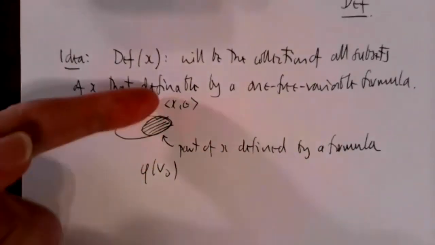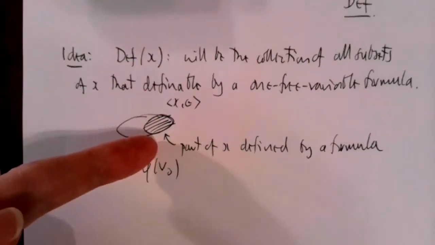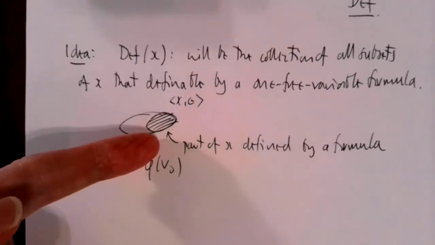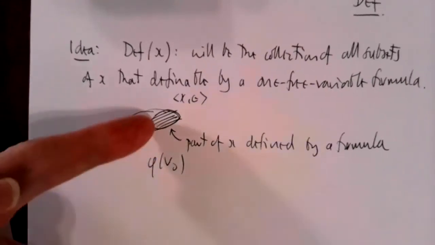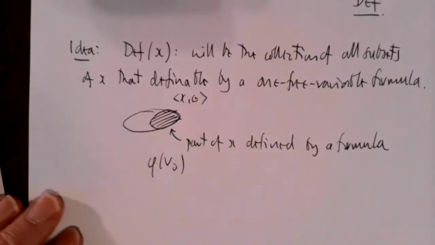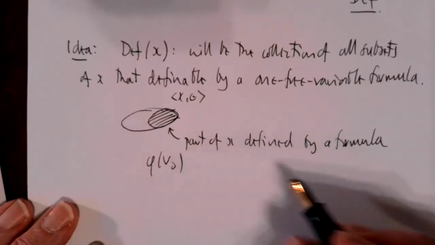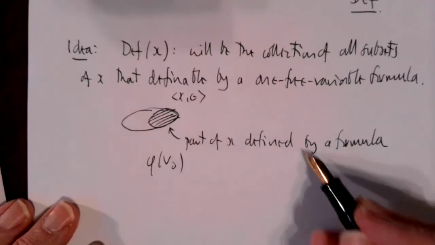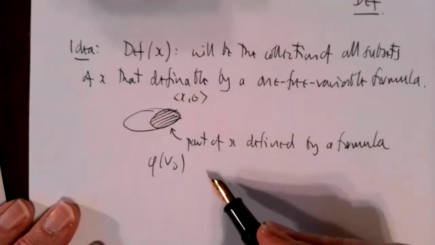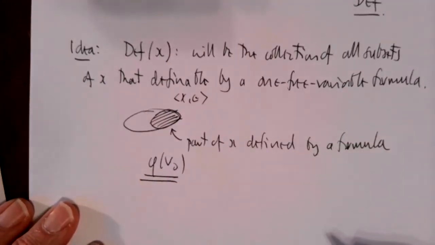For example, if X is the natural numbers, omega, I could define what the evens are. I could write out a formula that gives me which things are the evens. So we want to do this in general. So I want to think about all the subsets of X that I could define by a formula like this.